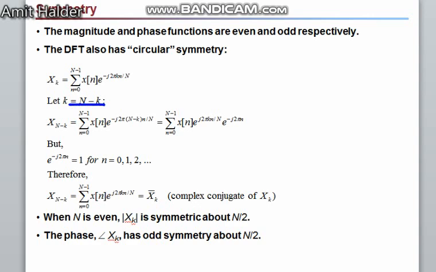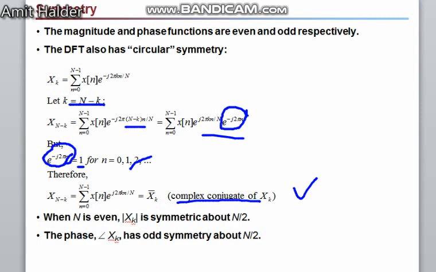For n equal to 0, 1, 2, 3, whatever else you give, it will produce just 1. So that is the periodicity, a circular thing that gets back on itself. And also the complex conjugate of xk is a part of the circular thing.